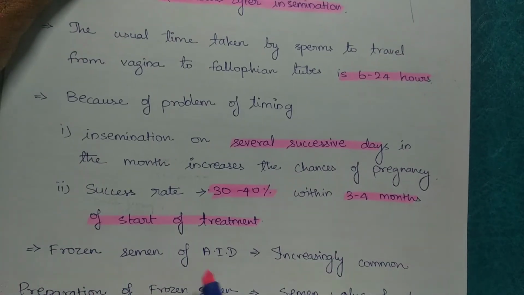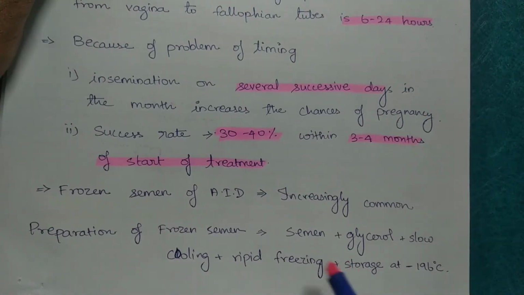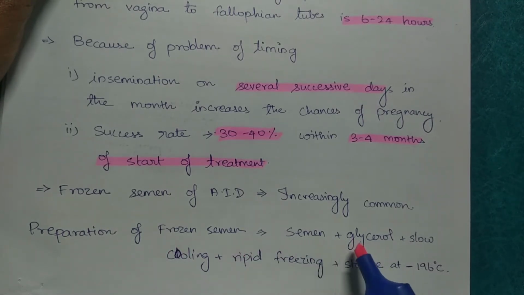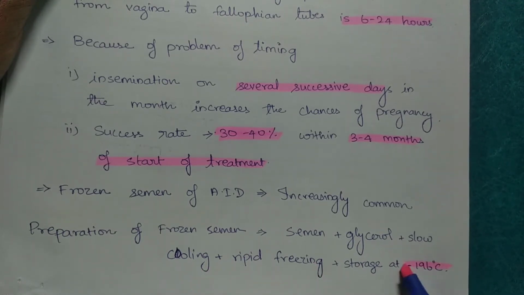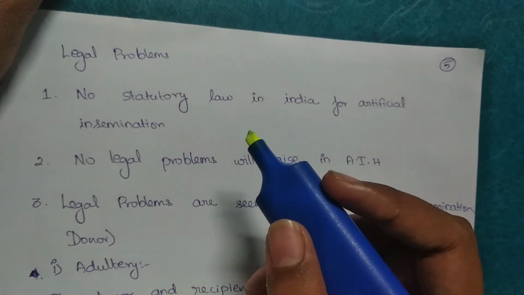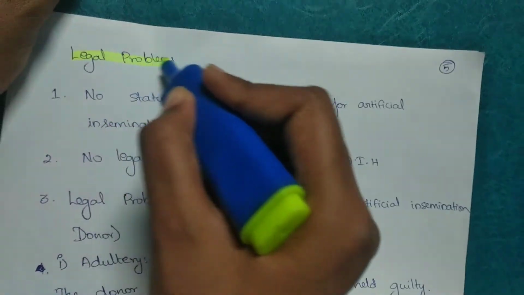Frozen semen of artificial insemination donor is increasingly used nowadays. So this is the process of preparation of the frozen semen. Semen is added with glycerol and slowly cooled, then rapidly frozen and stored at minus 196 degrees Celsius. Next, coming to the legal problems encountered in artificial insemination.